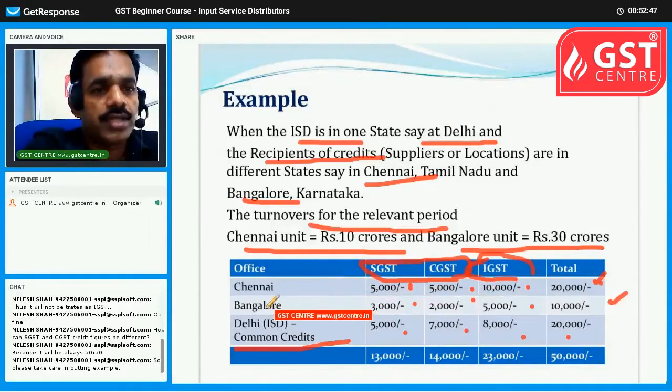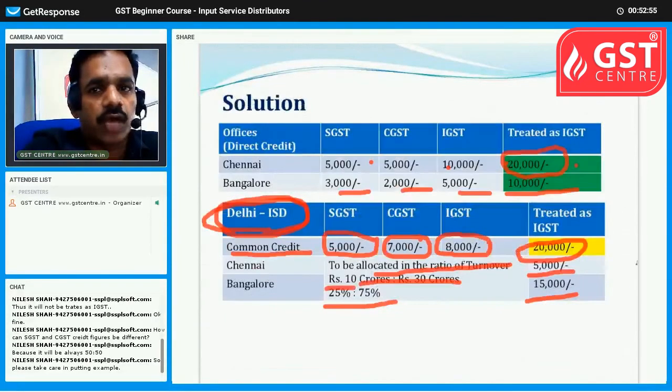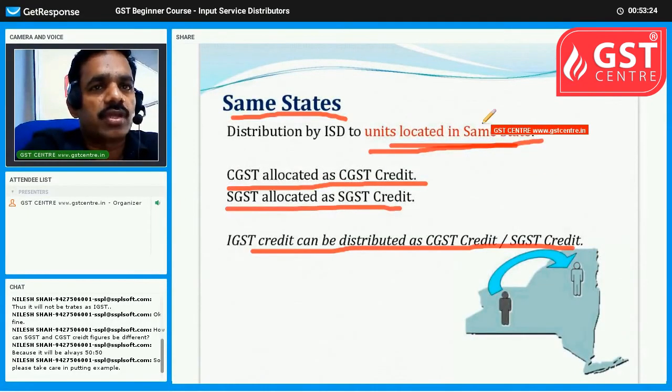Chennai has its own credits and Bangalore has its own credits, and the input service distributor Delhi has a common credit which will be allocated on the basis of turnover of Chennai and Bangalore. If it is the same state, units located in the same state, CGST credit can be allocated as CGST credit and SGST credit can be allocated as SGST credit.